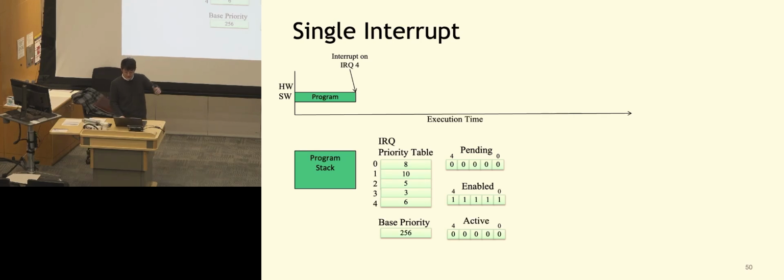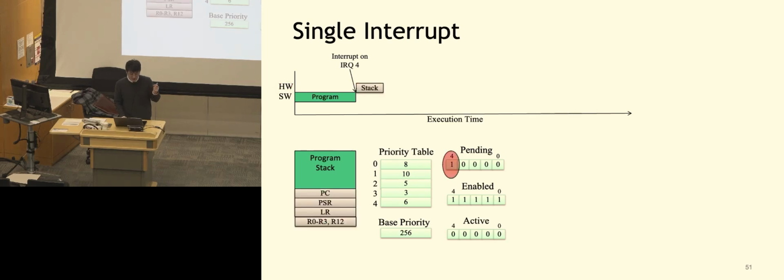Okay, perfect. So something interesting happened. We're going to have an interrupt. Interrupt request IRQ number 4 happens and becomes high.